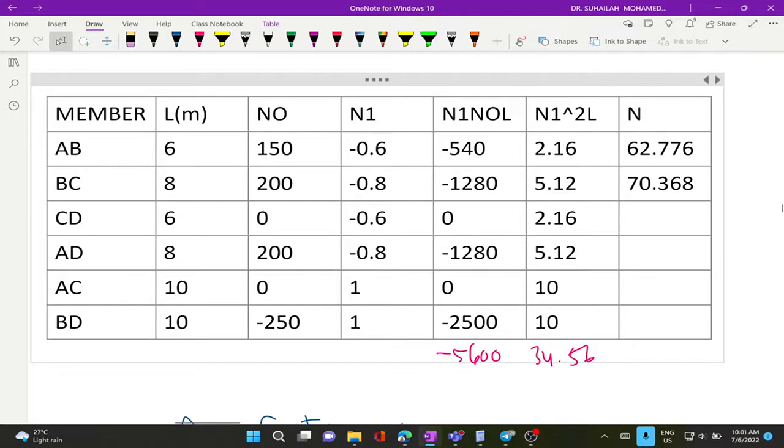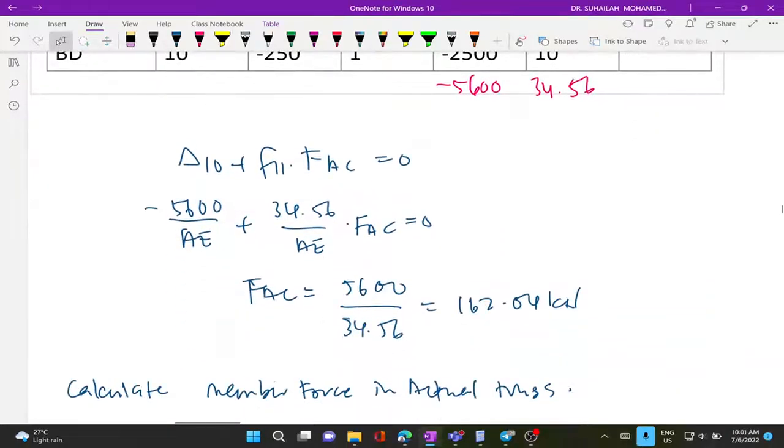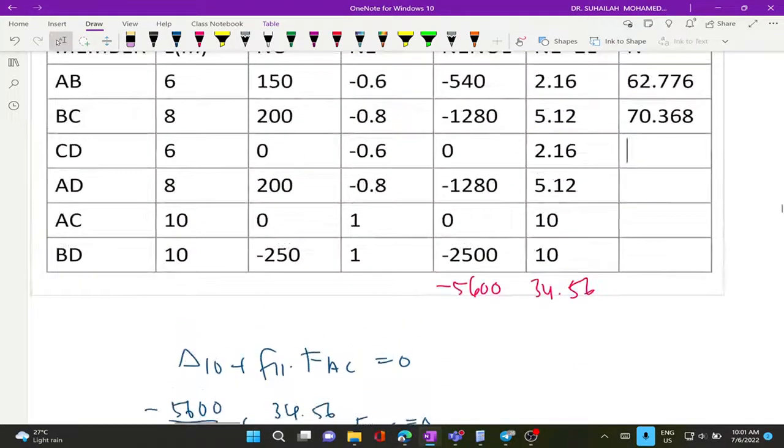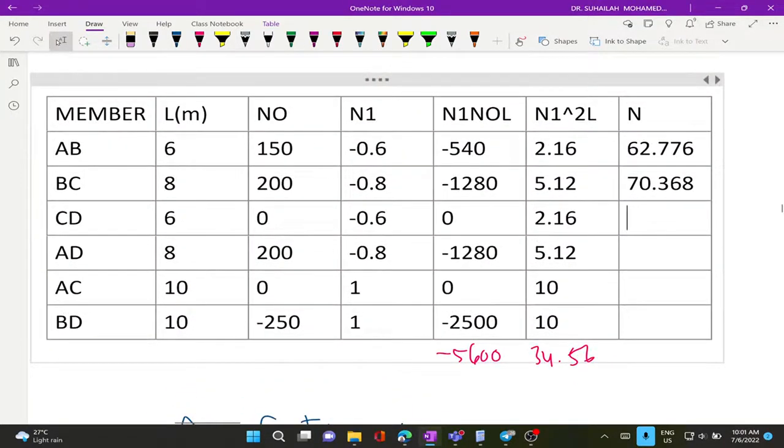Okay, so another one, CD: 162.04 times N1, negative 0.6, we get negative 97.224.